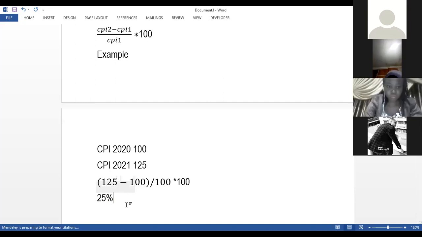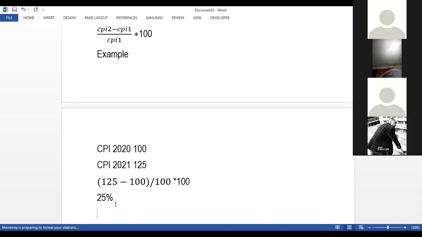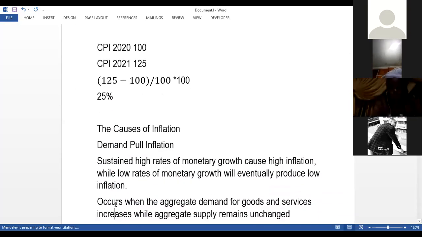All right, so we're going to be looking at the various effects of inflation later on, but right now we want to look at the different types of inflation that are found within the economy, because this 25% figure is just a general figure of how the price level has increased, but we do not have an understanding of how the prices have increased within the economy.